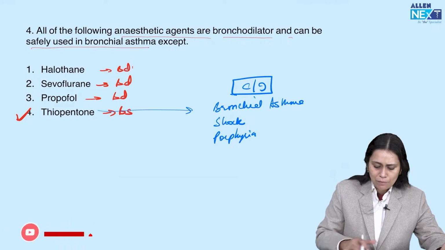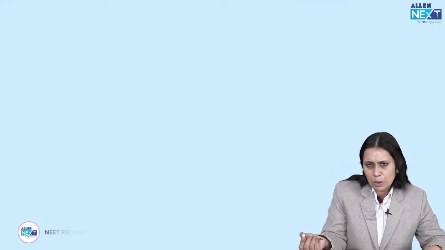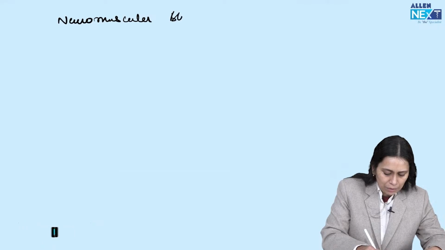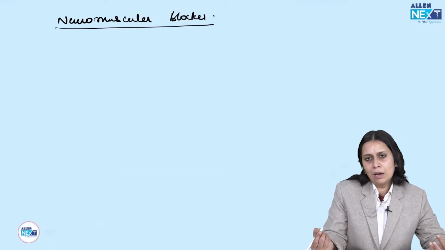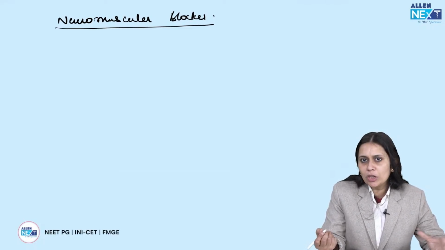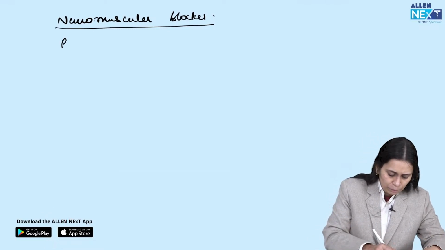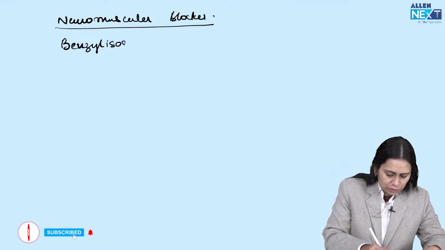Now in neuromuscular blocker also, since I am talking about bronchoconstriction, bronchodilation, let us talk about other drugs also. So third group of drug which we use during anesthesia is neuromuscular blocker. So neuromuscular blockers, all the histamine releasing ones can cause bronchospasm. So benzylisoquinoline group, right?